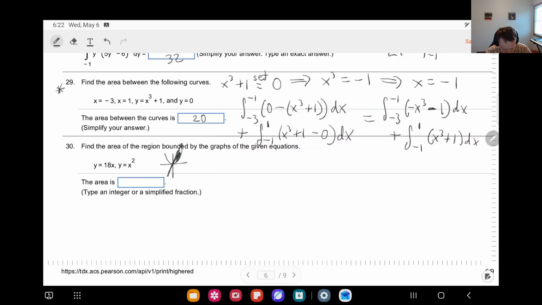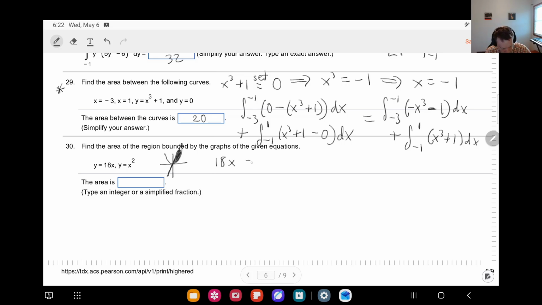So we're talking about something like that. So the line is always on top on our interval, and the parabola is on the bottom. We need to find those points of intersection. That's where we're integrating between. Those are the x bounds. Well, we can clearly see the left one is 0, but the other one not as clear.